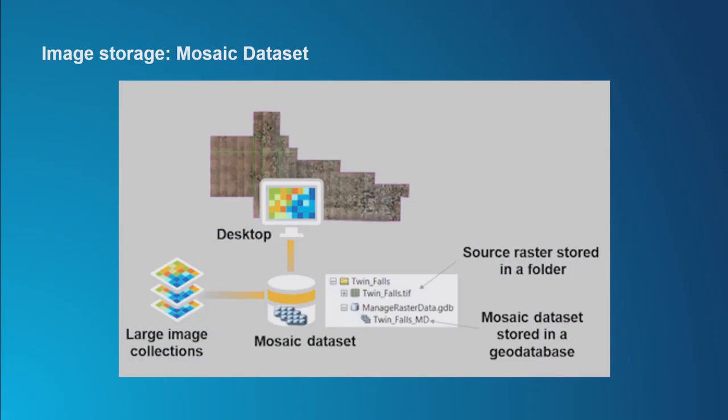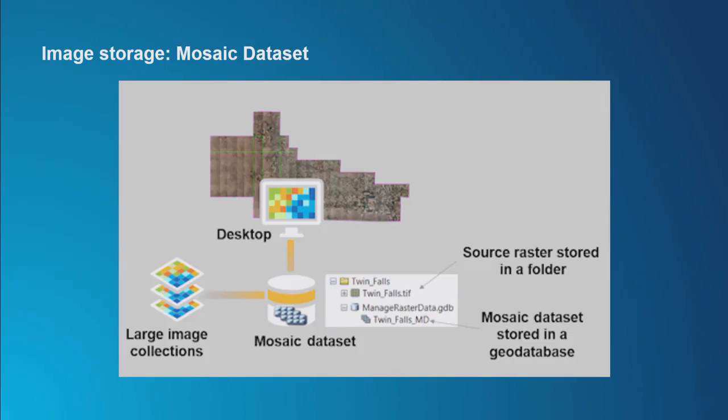So an image service is one way to store and distribute imagery. But what about local storage? Of course, we do need the ability to store large amounts of imagery locally in the geodatabase, preferably with our other data. And this is where the Mosaic Data Set comes into play. The Mosaic Data Set is an item in the geodatabase for storing large amounts of imagery.